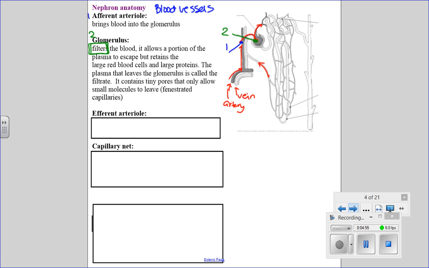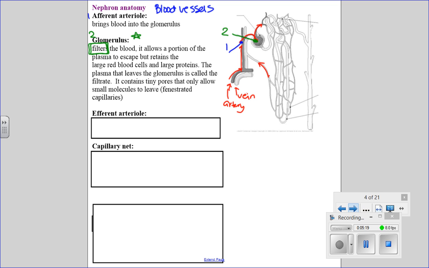So I'm going to make a little comment here. If there's something in your urine that's not supposed to be there, best chance guess, your glomerulus is broken. Something damaged it, something tore a hole in it, something caused one of the fenestrations to become larger.